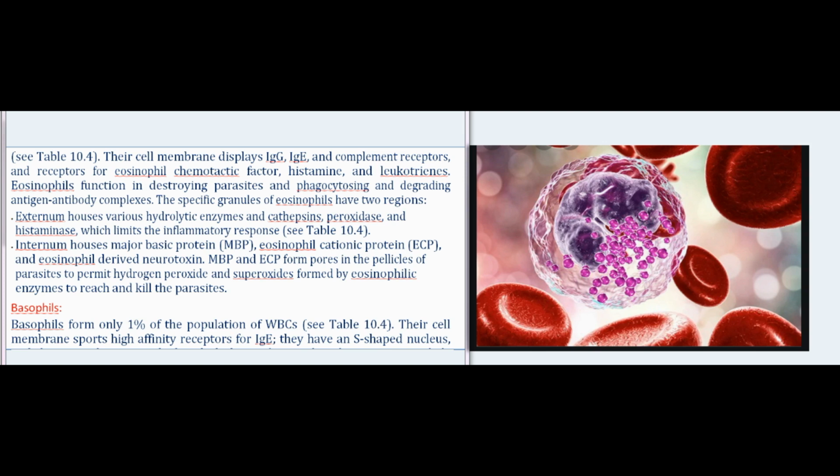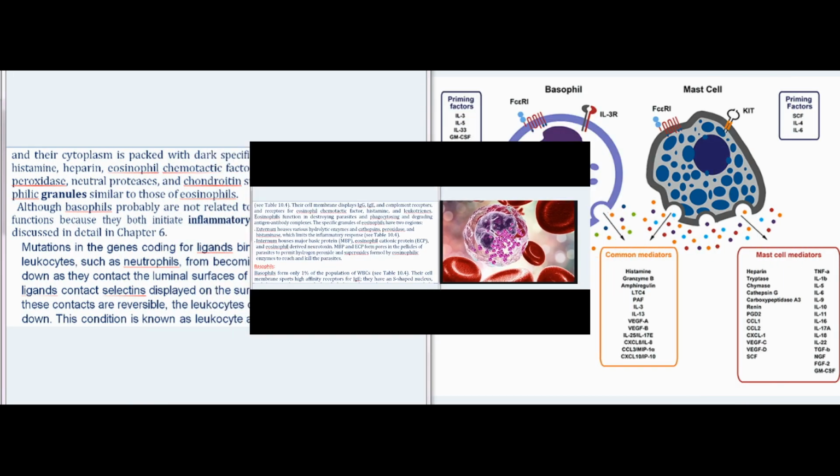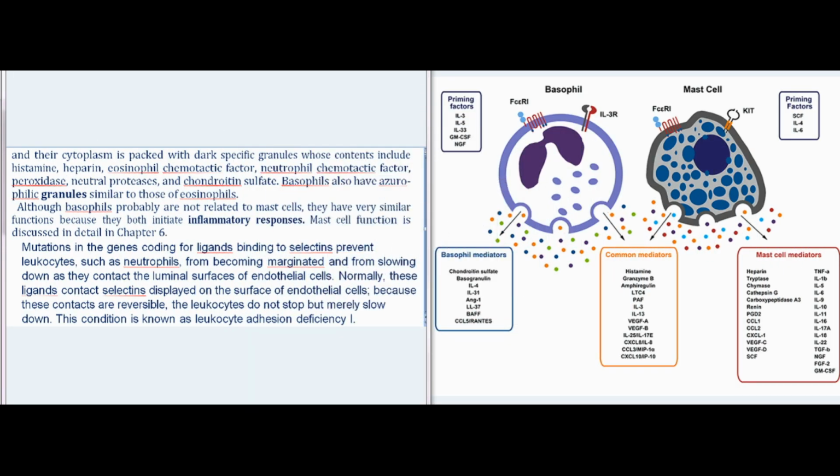Basophils form only 1% of the population of WBCs, see Table 10.4. Their cell membrane sports high-affinity receptors for IgE, they have an S-shaped nucleus, and their cytoplasm is packed with dark specific granules whose contents include histamine, heparin, eosinophil chemotactic factor, neutrophil chemotactic factor, peroxidase, neutral proteases, and chondroitin sulfate.